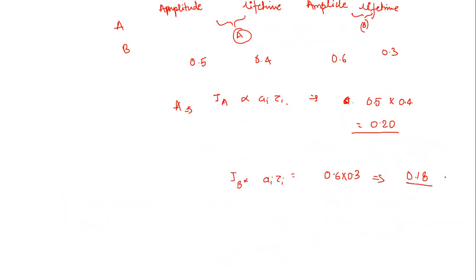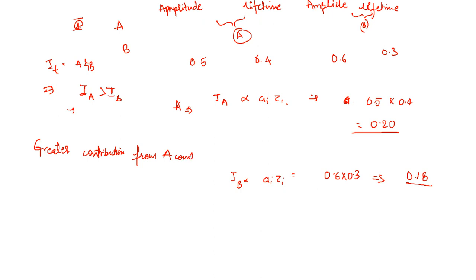The total intensity I_T will again be the sum of A and B. Keeping the other things constant, I_A will be greater than I_B, from what we have calculated, and thus the greater contribution will be from the A component.